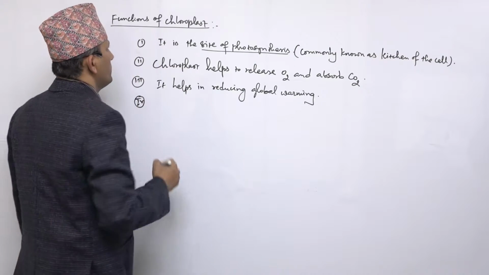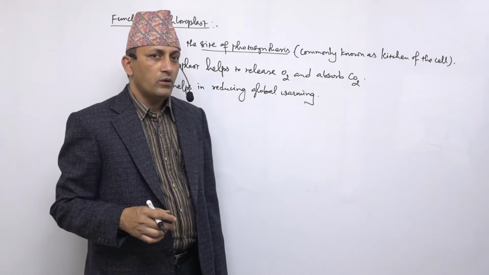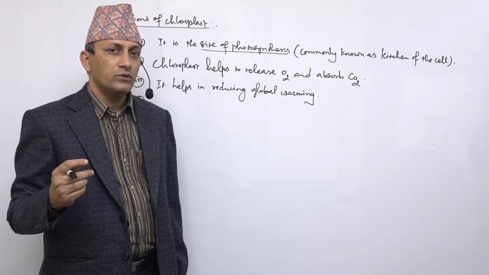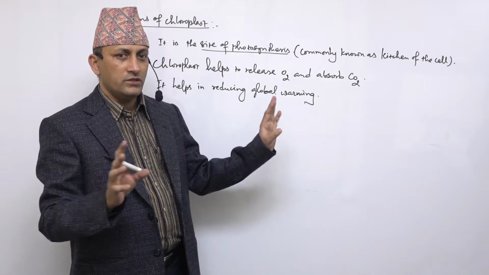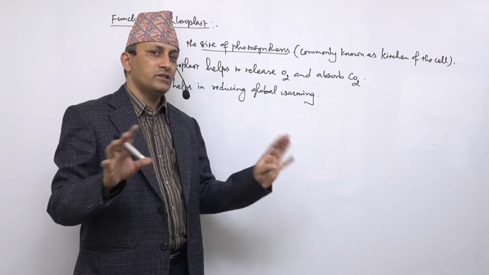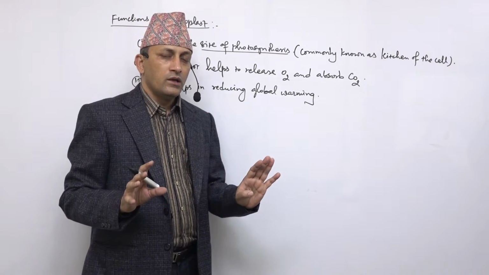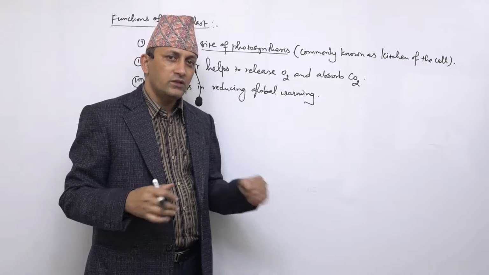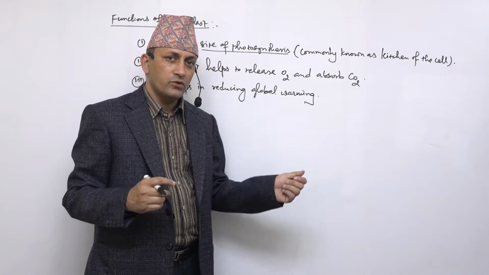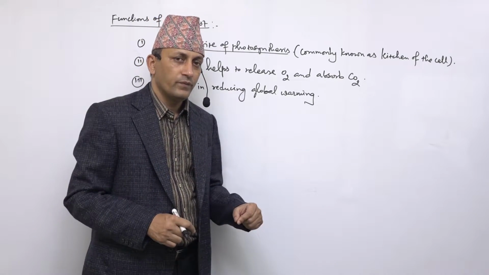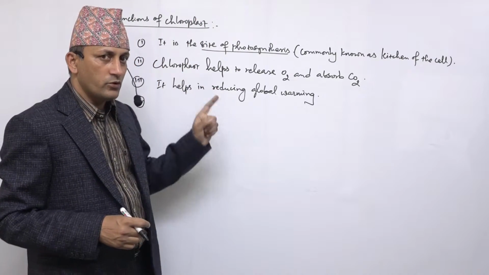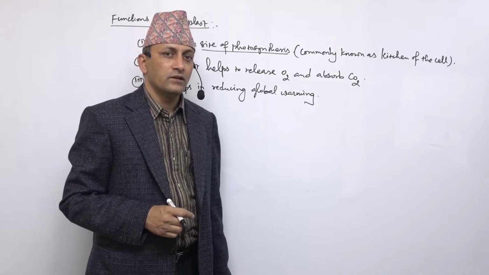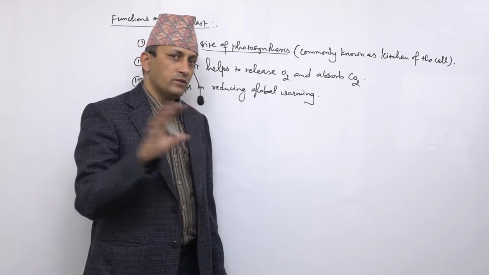Another very important function of the chloroplast: all this greenery in nature, we see green color all around us. We see a mountain, this is green. We see a grassland, this is also green. We see a forest, this is also green. This natural greenery, or the beauty of nature, is because of chloroplast. Since chloroplast is present inside the cells of the plant, the plant appears green.